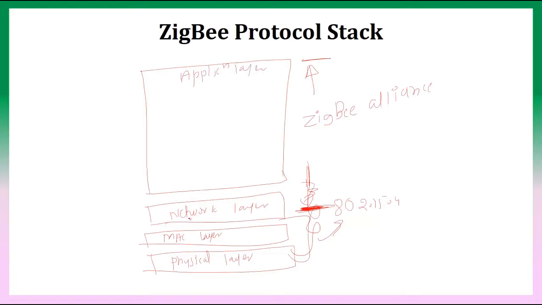You would say there are just four layers, and why am I drawing the application layer quite bigger? I'll draw the inner things later on. These are the security services. Alright, so now the application layer.